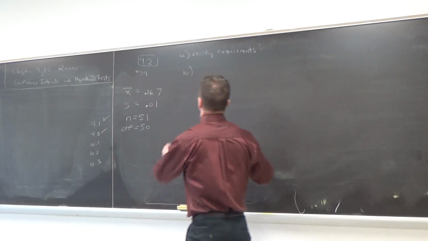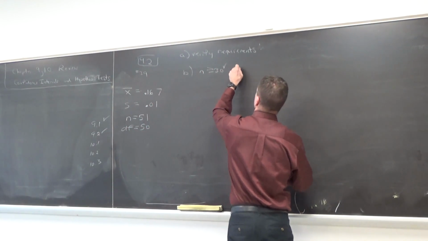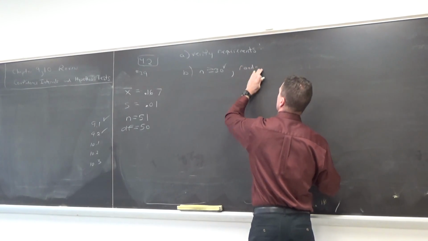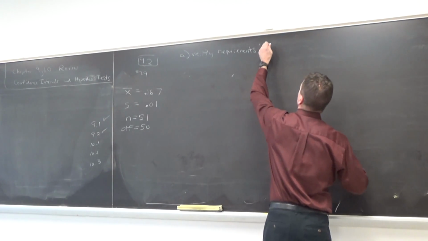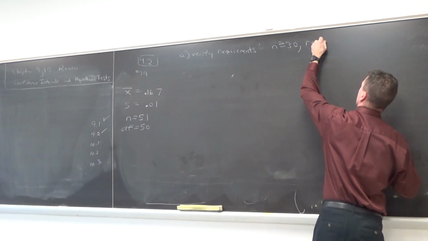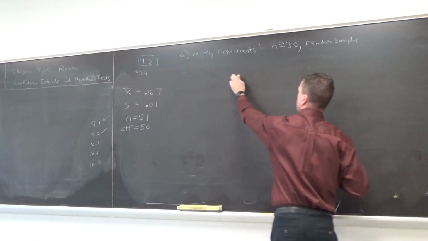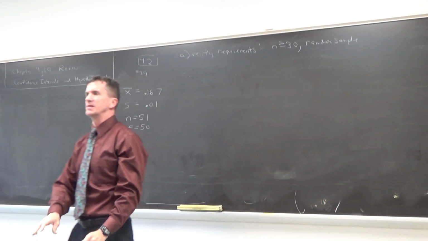Right. All right, we're good. Is it a random sample? Check. We got a random sample. We're rolling.